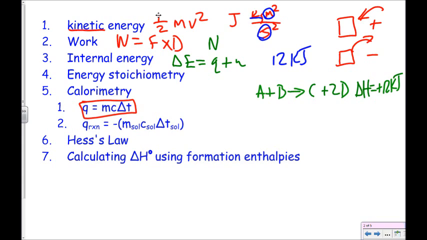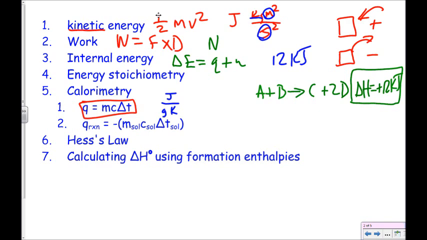Now, one big distinction here between when we're talking about calorimetry, our Q things, and something like energy stoichiometry, you need to realize in delta H's, when we're looking at enthalpy changes, notice our unit here was kilojoules. But because specific heat, as we use it in a problem, is always going to be units of joules over gram, either degrees Celsius or Kelvin, because it's technically a change in temperature, and the change in degrees Celsius would be the same as the change in Kelvin, we're locked into joules.